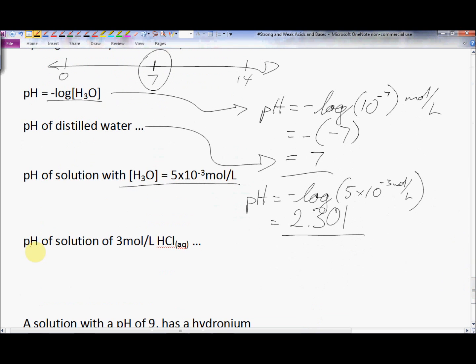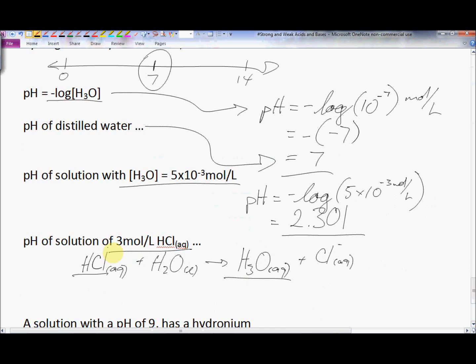If we wanted to find the pH of a solution which has 3 moles per liter hydrochloric acid, we would have to remember that HCl gets together with water and makes hydronium plus chloride ion. So it's a 1-to-1 molar ratio. For every mole of hydrochloric acid that we put into water, we end up with a mole of hydronium ion.